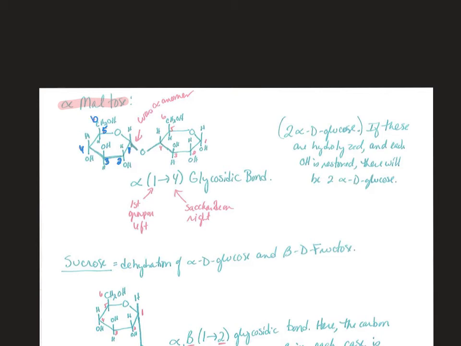And then I did the same thing on the other side. This one had an alpha going down. That's where this alpha comes from. This would be coming off of the first carbon, and we're linking to the 4th carbon. So this would be an alpha 1,4 glycosidic bond.